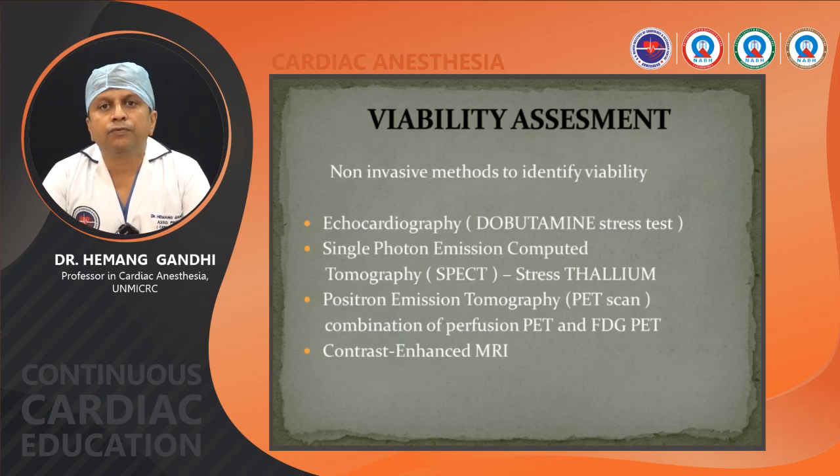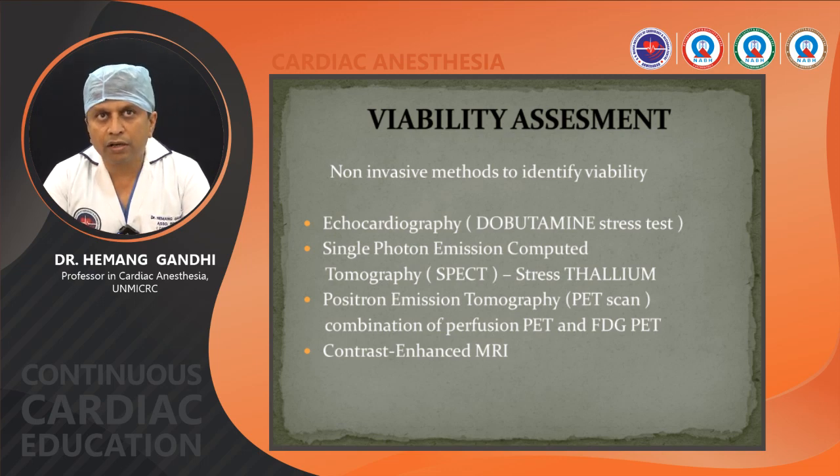When these patients come for surgery or are posted for surgery, we have to check their viability assessment to predict the postoperative outcome. There are various methods, mostly non-invasive methods that we routinely use. They are echocardiography with the dobutamine stress test, single photon emission CT scan with stress thallium, or PET scan, where you can use a combination of perfusion PET scan with FDG PET scan, and contrast enhanced MRI.